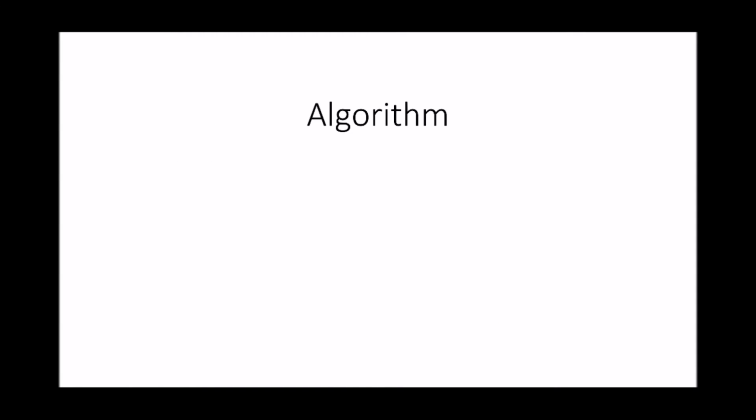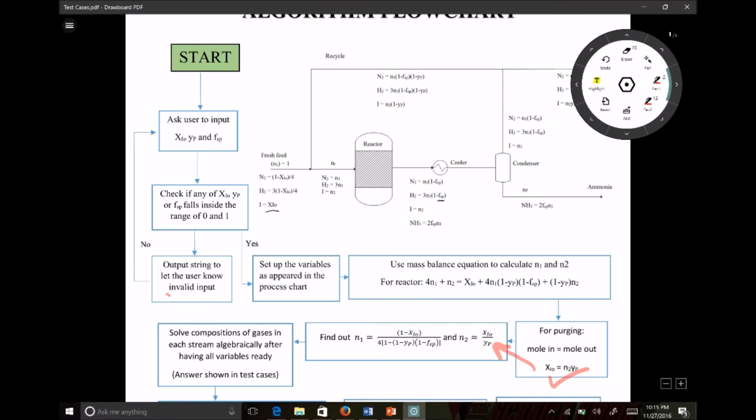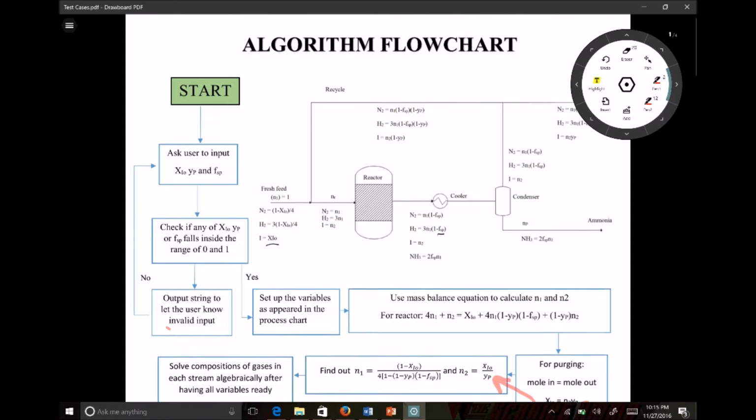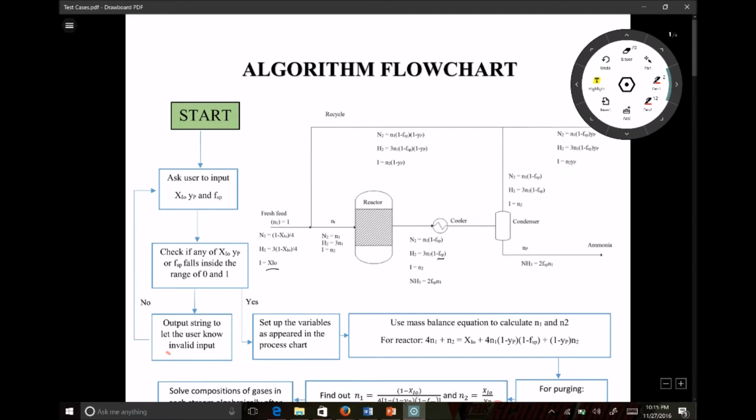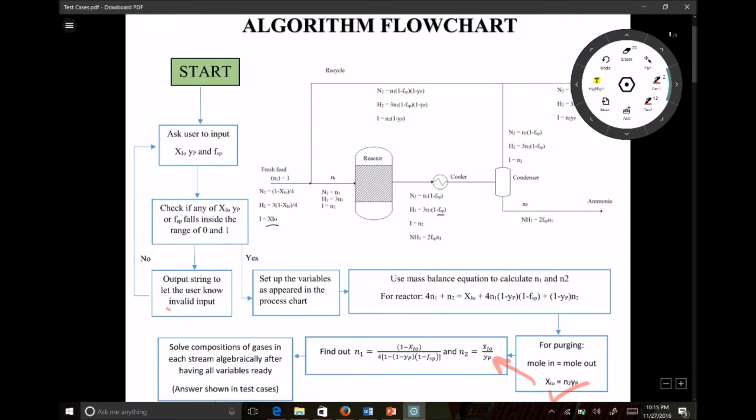And then I want to talk about the algorithm. This is the flowchart of the whole thing, so I'm not going to talk about these three steps at first, because we need to solve the problem by hand.